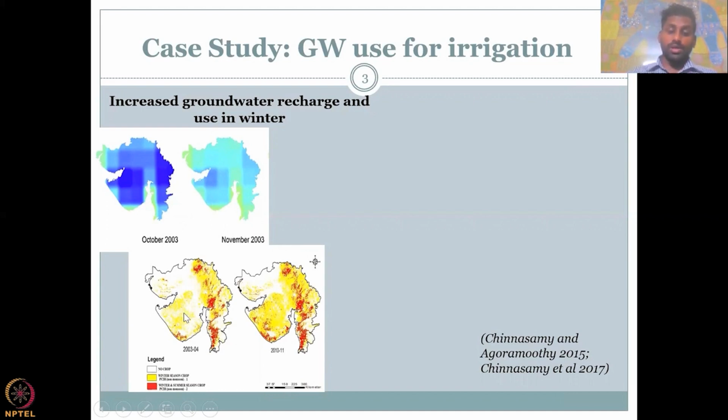So now the study also looked at how the groundwater based irrigation was happening in 2003 and after 7 years. The study found more and more crops grown during the Rabi season and winter season where groundwater is used. So there is more single crop in the Rabi and double crop also in the Rabi winter season, which means the same land is now used for more irrigation because of groundwater.